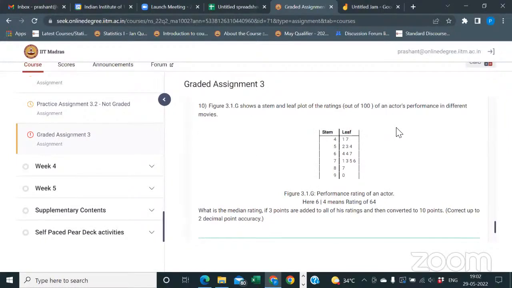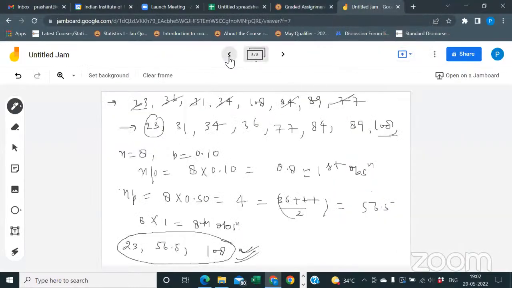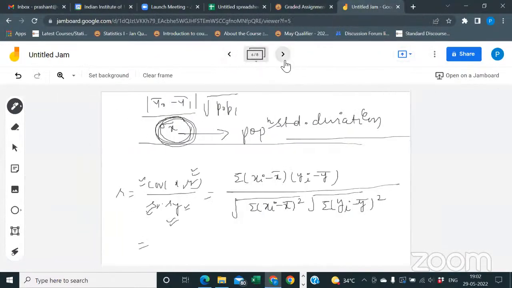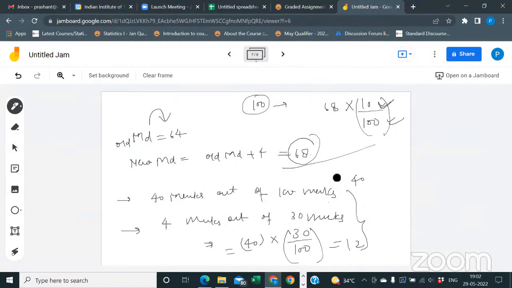Sir, my question is different because the data is different. It's okay, I can understand. But how to solve this question? It says converted to 10 points. In my question, it is written converted to 40 points. Let me explain a little bit.